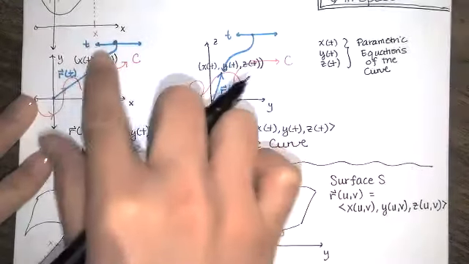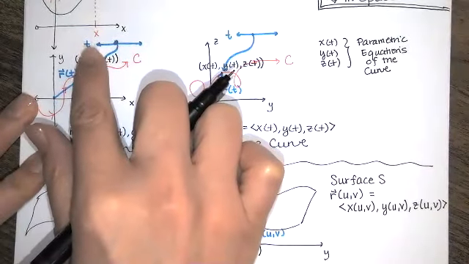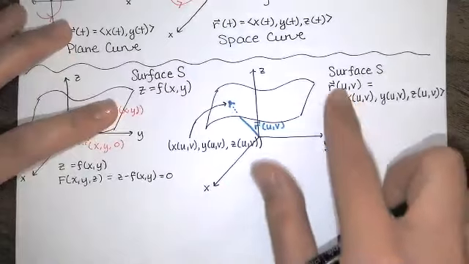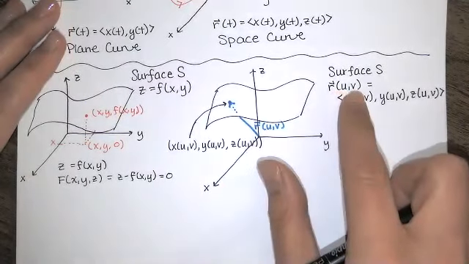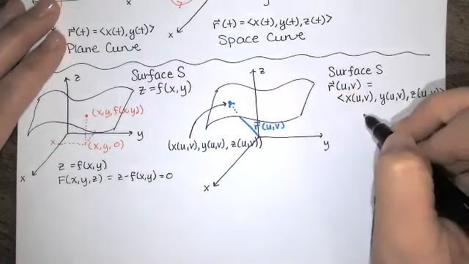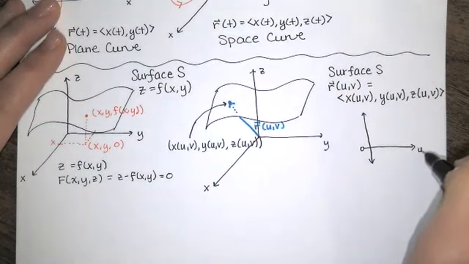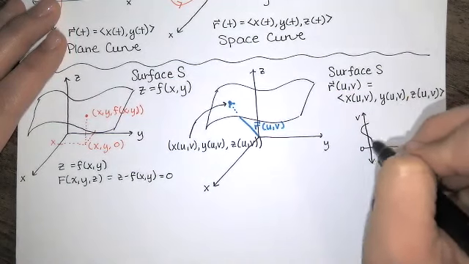Over here, we were taking a real number t and mapping it to a particular location. Now we're taking an ordered pair of real numbers from the UV plane. So maybe this is u and this is v and this is our domain.